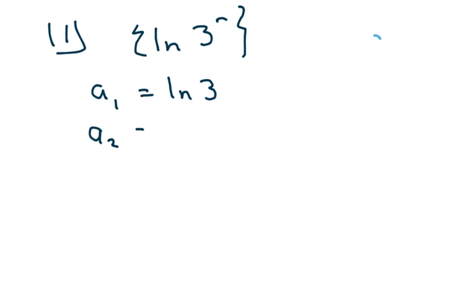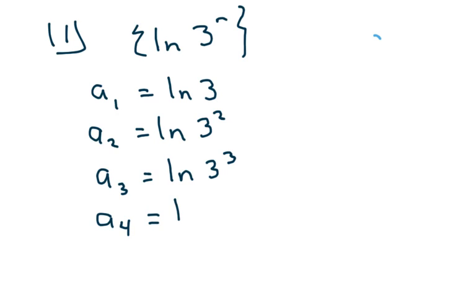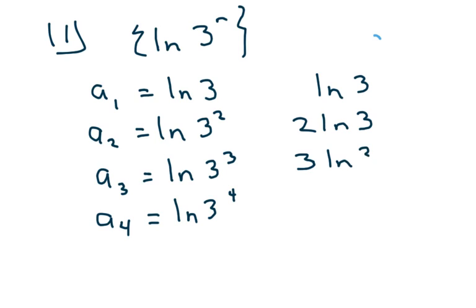The second term is ln of 3 squared. The third is ln of 3 cubed. And a sub 4 is ln of 3 to the 4th. I could write this as ln 3, 2 times ln 3, 3 times ln 3, and 4 times ln 3. The common difference is ln 3.